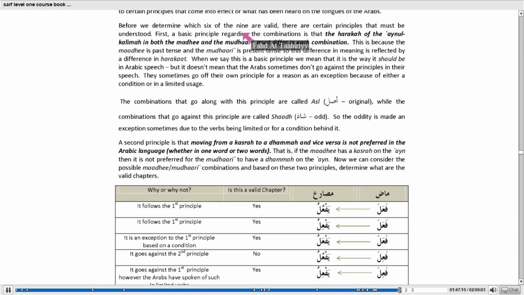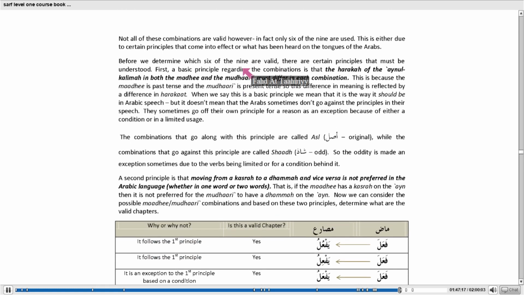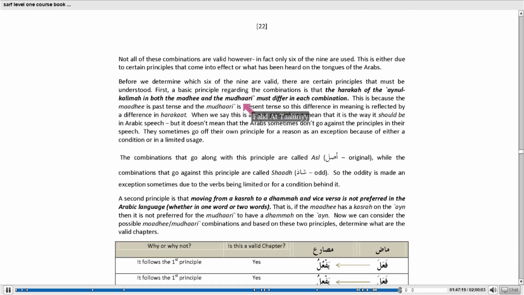Okay, now here he says there are certain principles that must be understood.